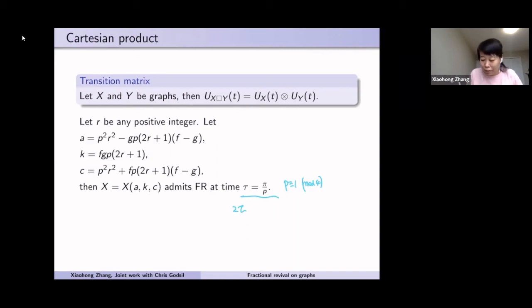According to our previous result, our graph has an FR here between the two, and our graph will be periodic at vertex U.